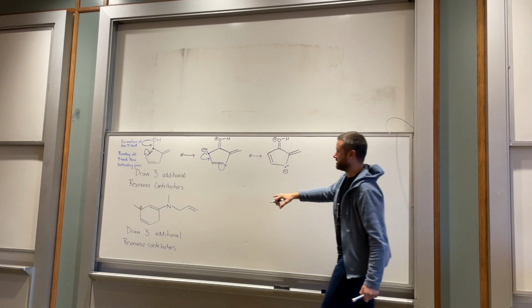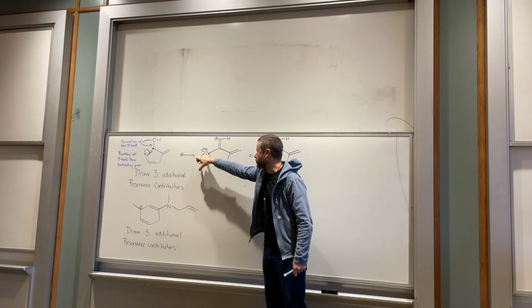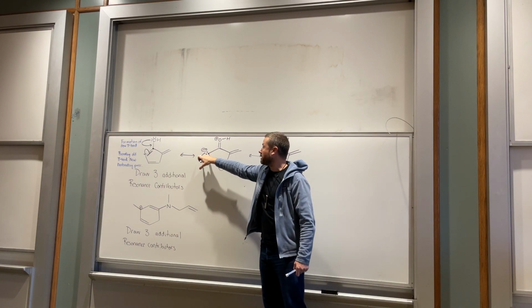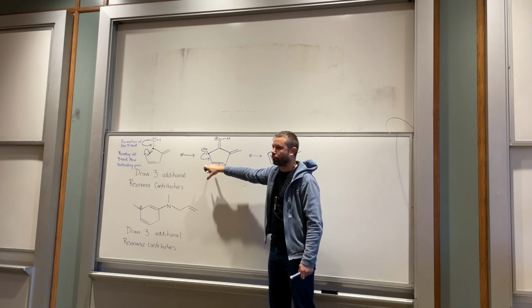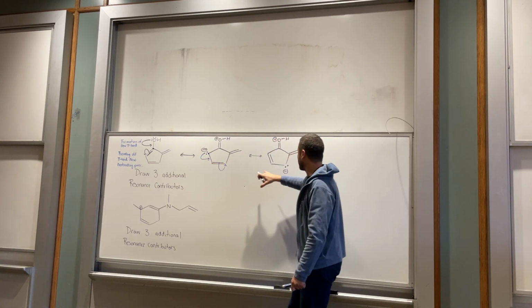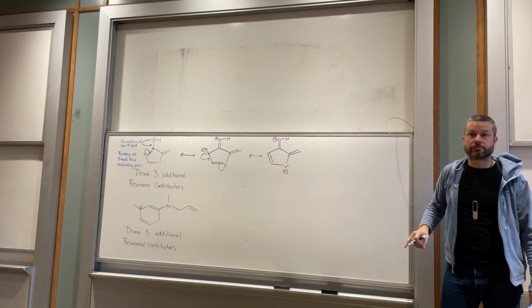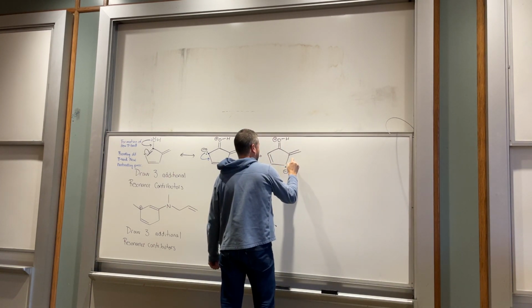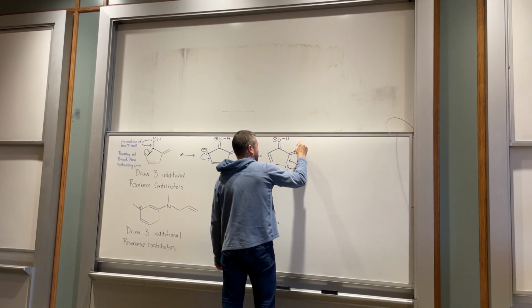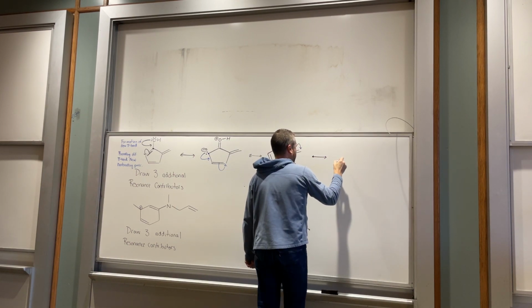You can see I drew the same number of arrows, and those arrows are communicating the exact same thing. One arrow is showing the formation of a new pi bond using a lone pair of electrons. The other arrow is showing breaking of an old pi bond and the formation of a new lone pair on a different carbon. And then we can draw one more, put those electrons out on the end to the right.